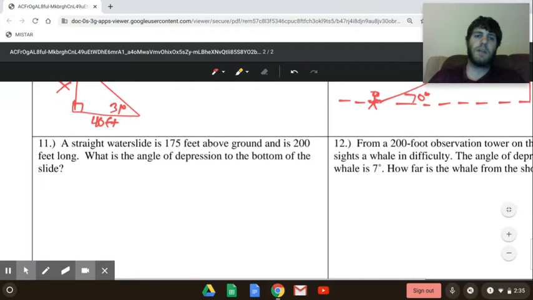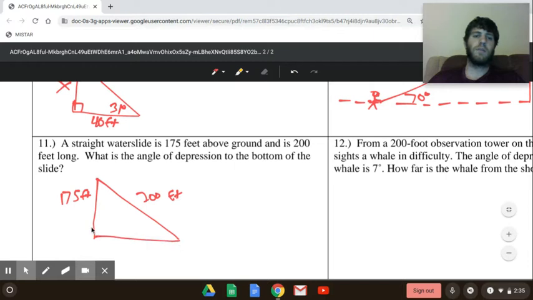A straight water slide is 175 feet above ground and 200 feet long. So we have 175 feet in the air and then 200 feet long. We want the angle of depression. So the angle of depression, right, there's your horizontal.